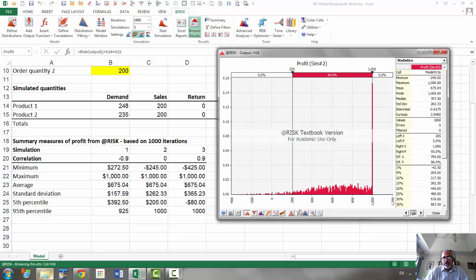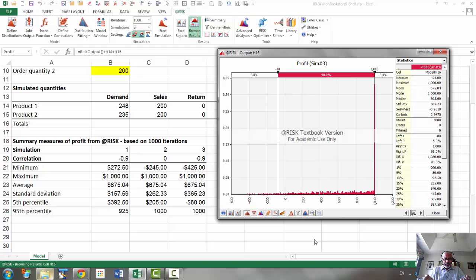Now the reason for that is that when you have opposite kind of demand correlation, when one demand is low, the demand for the other product would be higher. So weak sales in one is compensated by higher sales in the other. So you get evenly distributed total profits, not too low or too high.